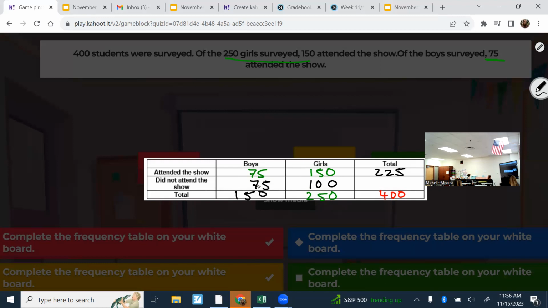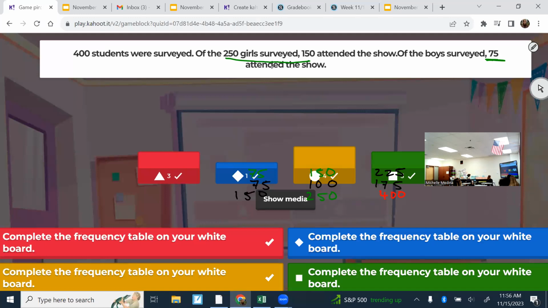Good, because that would add up to 150. And then what is this piece that's missing? You could do that by adding, but I would also make sure that it makes sense over here. I need to make sure the 225 plus 175 is also 400, because if it's not, then I made a mistake somewhere. That makes sense? Okay, so that covers that. Any questions?